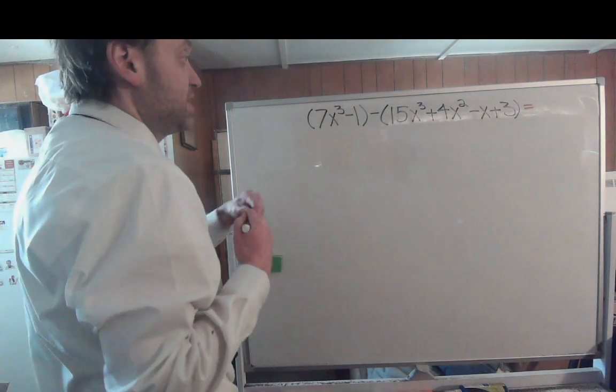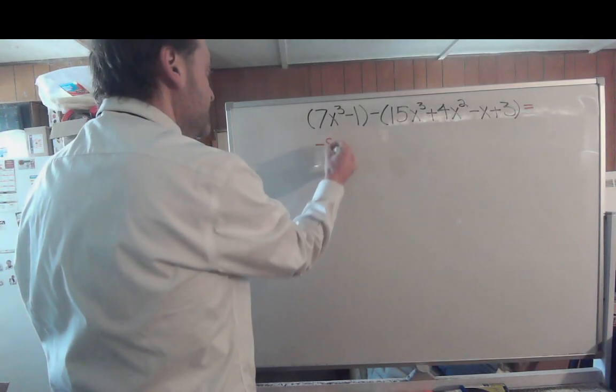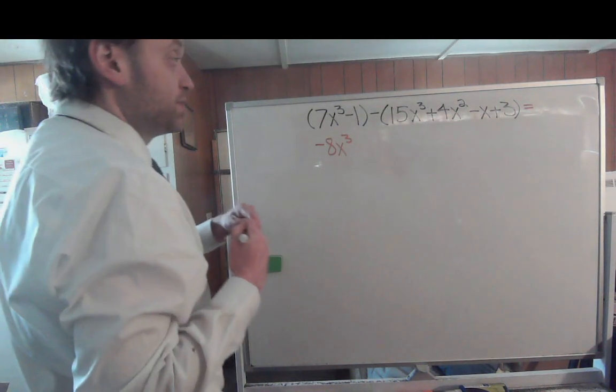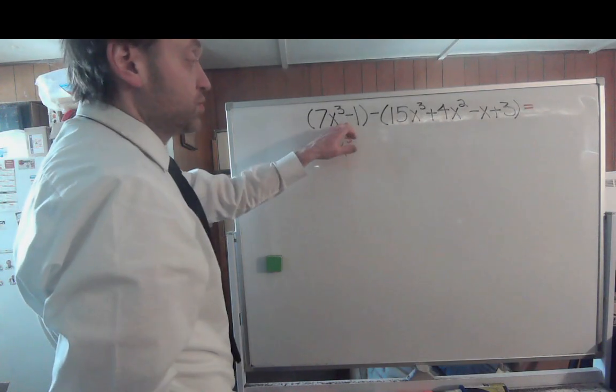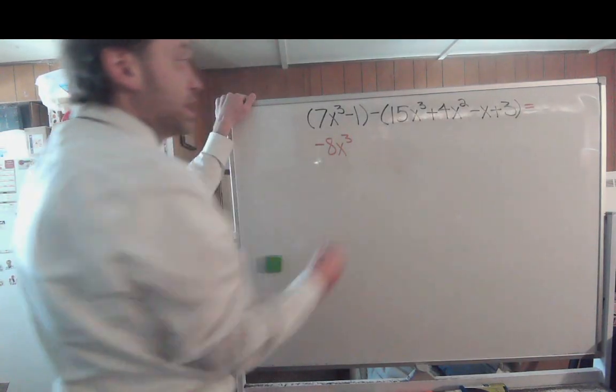So start with your highest power, 7x to the third minus 15x to the third. That's going to give you negative 8x to the third. And then between both of them, the first one, the only other term is a constant, but the second quantity you have 4x squared.